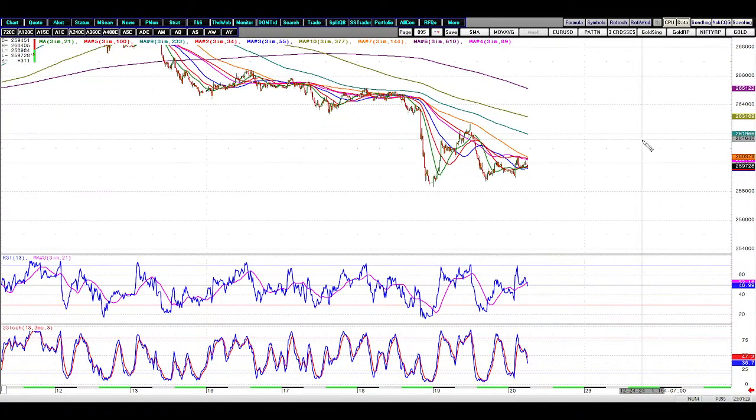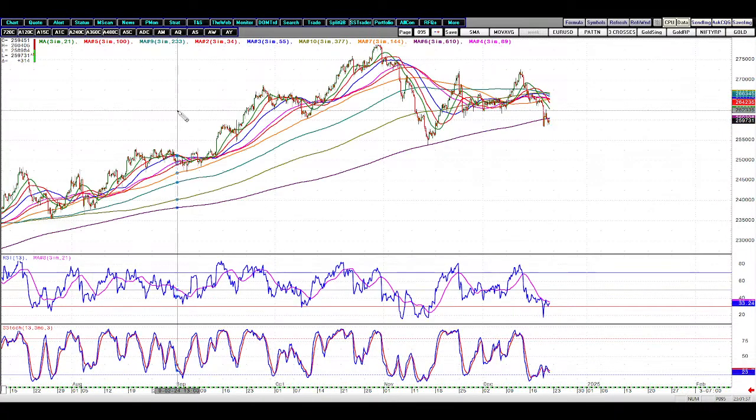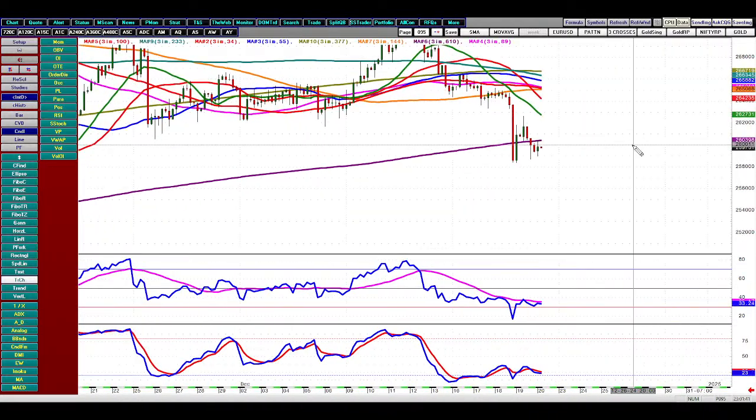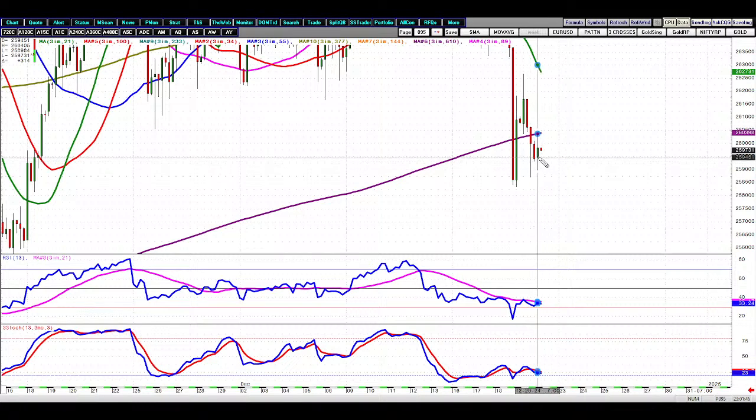Okay. So now what the chart is telling us is, okay, let's say we look at the 6-hour chart. Okay, 6-hour chart, this is in a very tight range. That means for the last 18 hours the range is between 2606 and 2587.